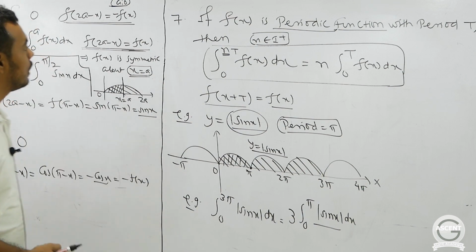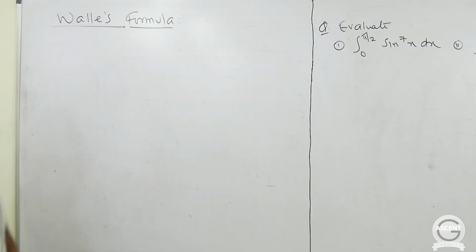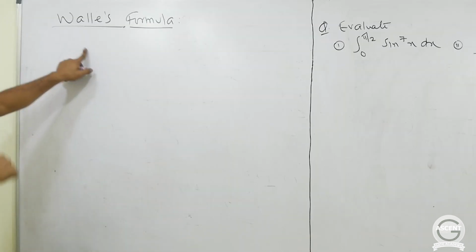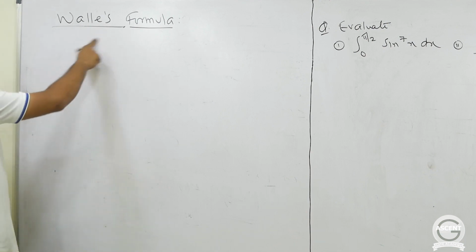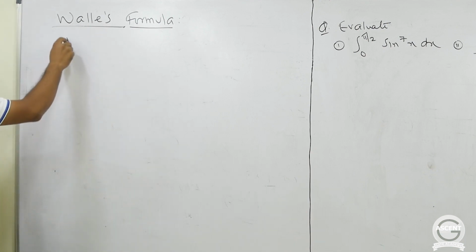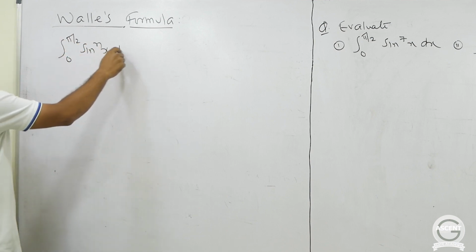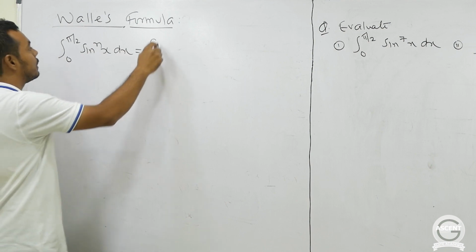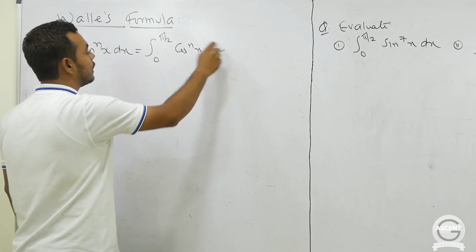Now we'll take one problem based on this definite integral, and then we will move to area under curve. Before attempting that problem, we have to know one important formula called the Wallis formula. Suppose I have to find the value of the integral from 0 to pi by 2 of sin to the power n x dx, or the integral from 0 to pi by 2 of cos to the power n x dx.